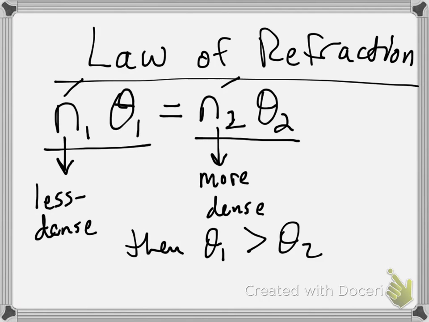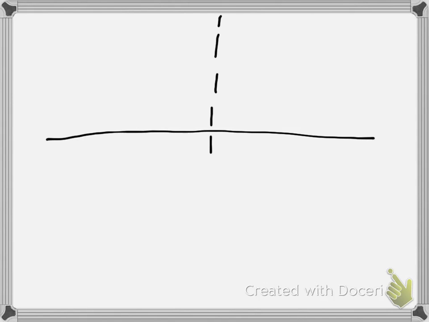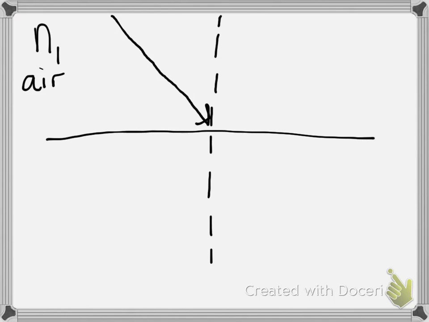Okay, so let's do a quick example. Let's suppose that I have a beam of light coming in, and I'm in air, and my initial angle that it makes with the normal here is 30 degrees.